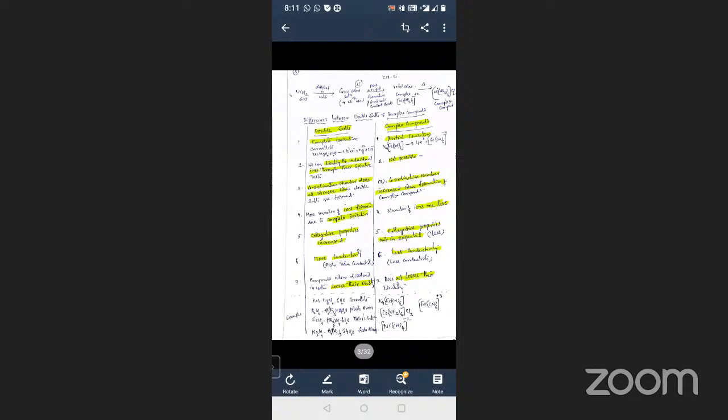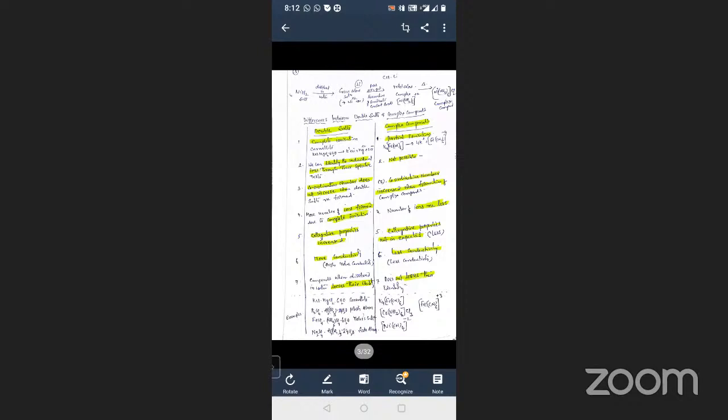Similarly, in double salts, the coordination number does not increase. Coordination number అనేది మనం we will see there only. Here in case of complex compounds, the coordination number is increased. More ions are formed in case of double salts.